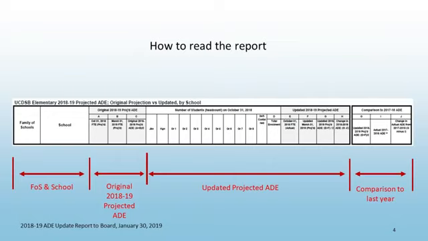Then we have a section to the right of that that calculates how the original projected ADE from last spring was calculated. To the right of that, the report looks at the enrollments that were in place on October the 31st, and how that gets calculated to an updated ADE. And then the final part of the report, over on the far right, provides an opportunity to compare that ADE to last year.